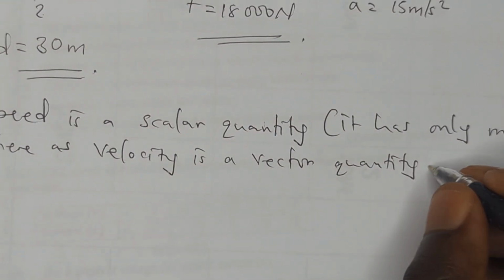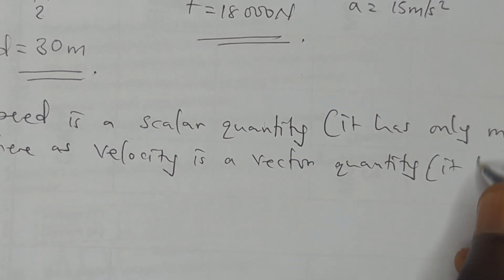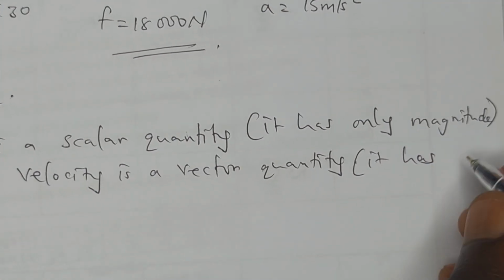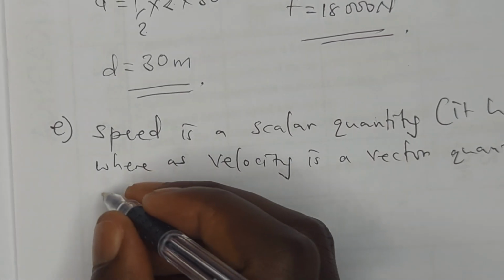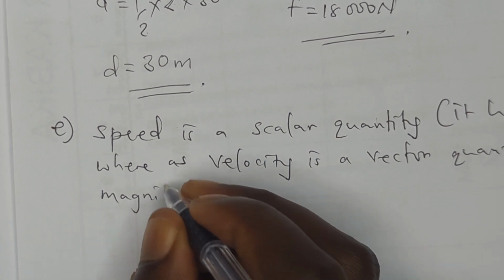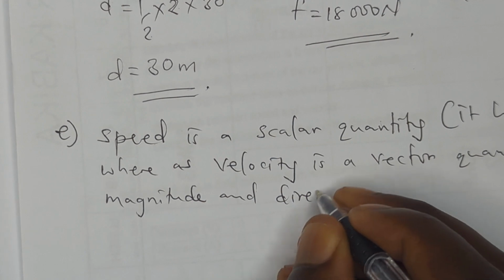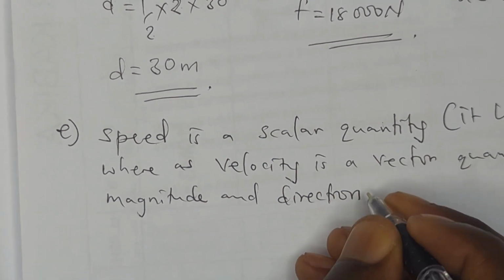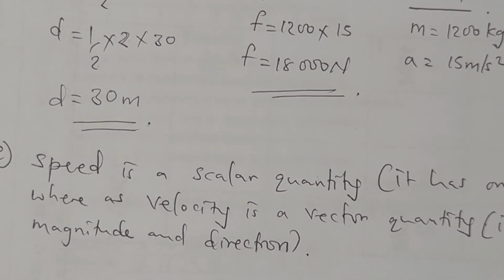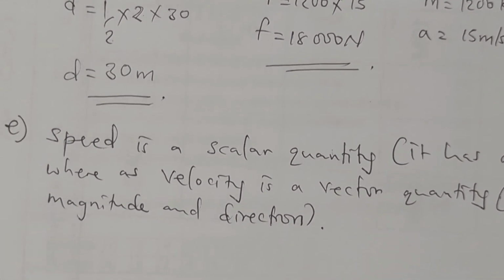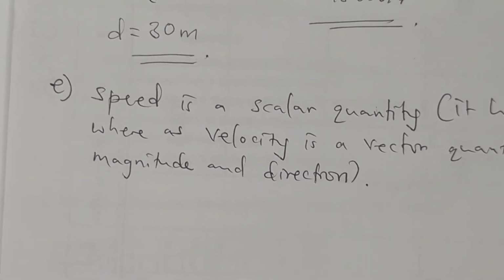So vector quantity meaning it has both magnitude and direction. So this is the difference between the speed and the velocity. The speed is a scalar quantity, velocity is a vector quantity.